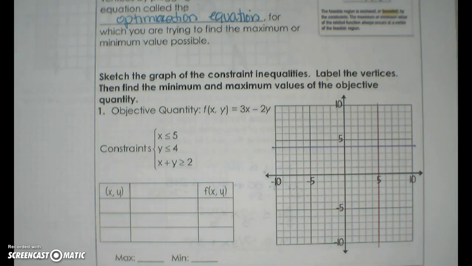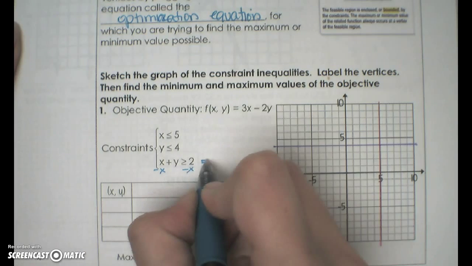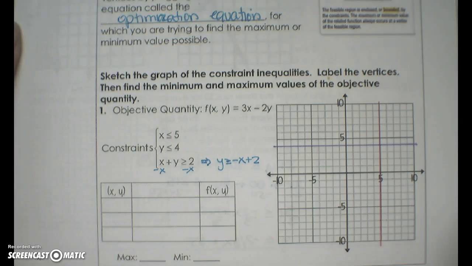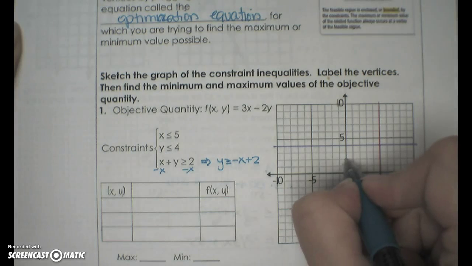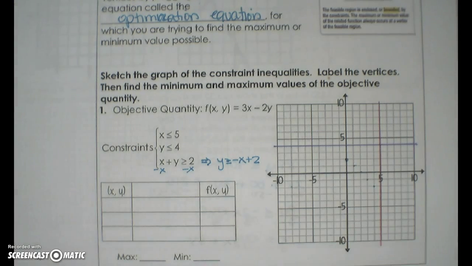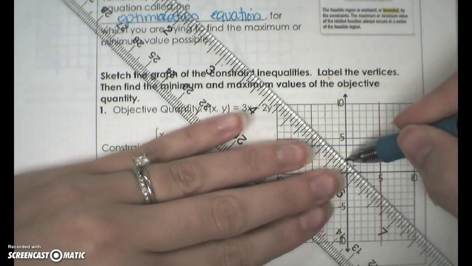And then we have to change this one. So we're going to subtract that x, so we get y is greater than or equal to negative x plus 2, and now we can graph it. Starting at 2, down 1 over 1, and graphing that line.